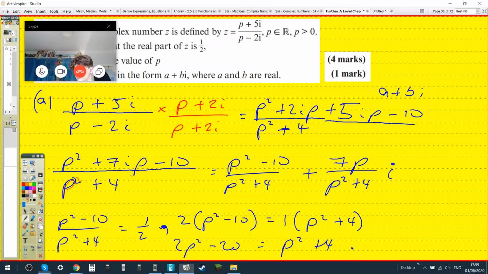So we bring the p's to the left and the normal numbers to the right. So 2p squared minus 24 minus p squared equals 0. So that just becomes p squared equals 24.